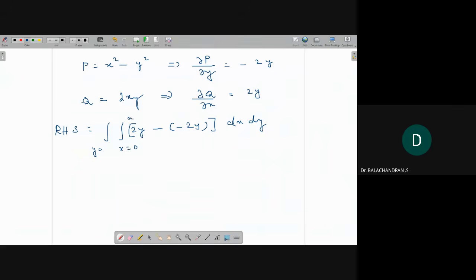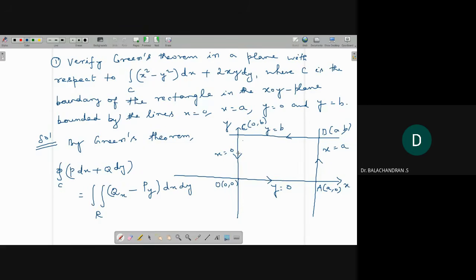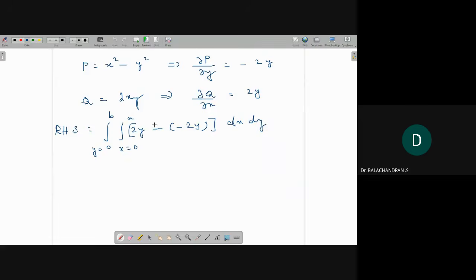Yeah, 0 to a and 0 to b. So you can easily check it here: x varies from 0 to a, and y varies from 0 to b.